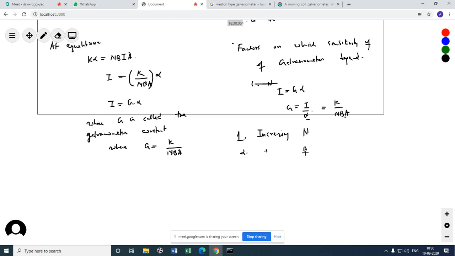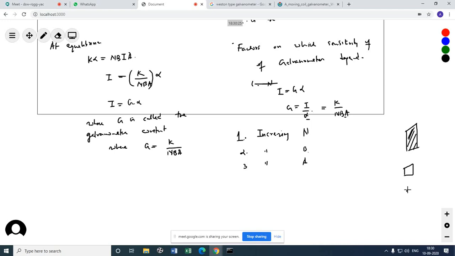Number 2, what else? Increasing B, the field magnet, right? Number 3, increasing A, the cross-sectional area of the coil. Okay, so this is the coil. If I increase this area, sensitivity will increase.